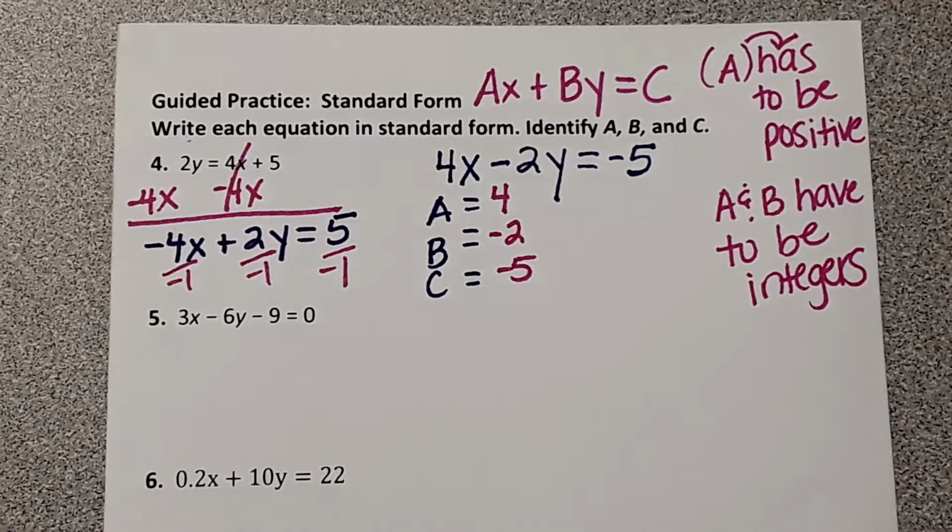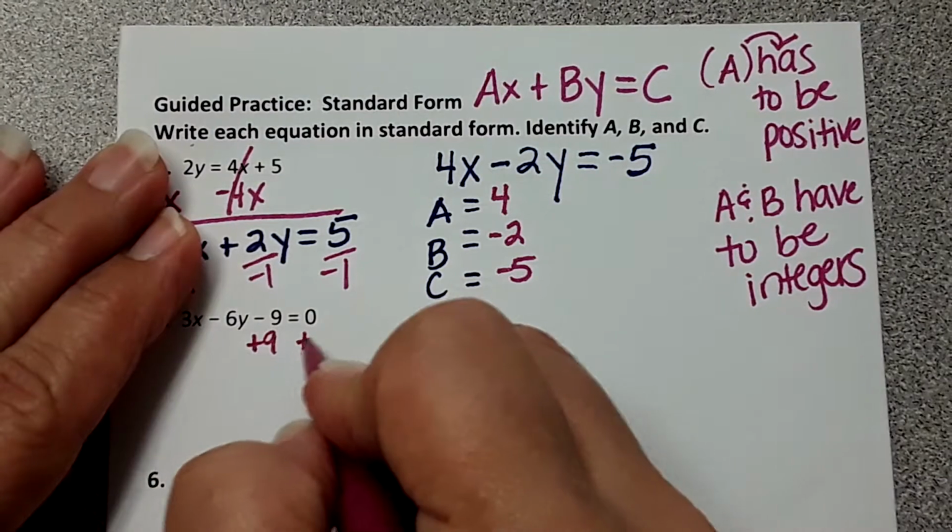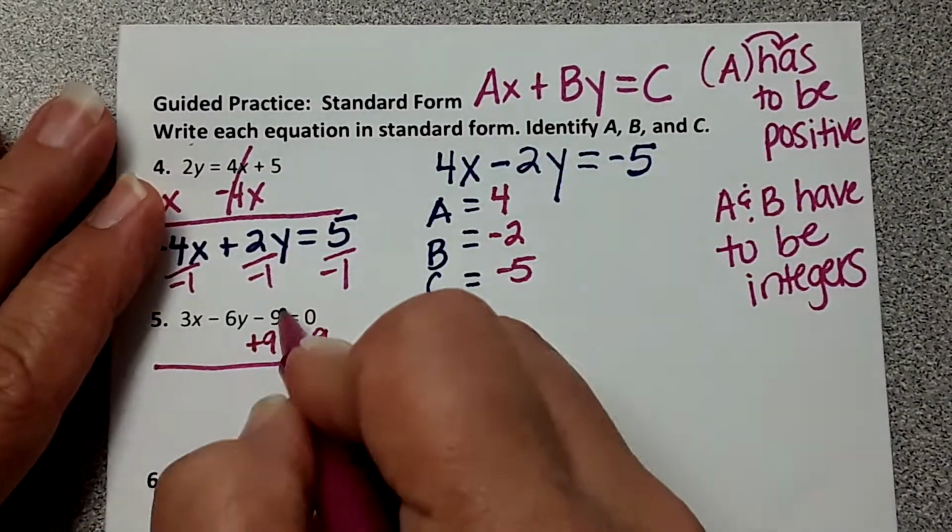Okay. Now, look at number 5. What do I need to do for number 5? I got to move the 9. So if it's negative here, when I move it, what's it going to become? You're absolutely right. Not going to be negative.